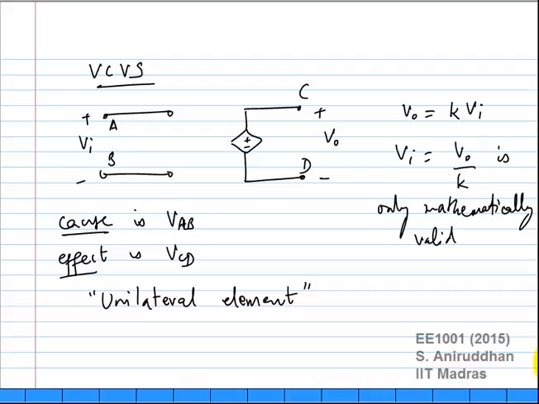It does not mean that the cause-effect relationship is backwards. I observe 10 volts, so the input is 1 volt if K is 10. So that's one type of 4-terminal element, which is a controlled source.